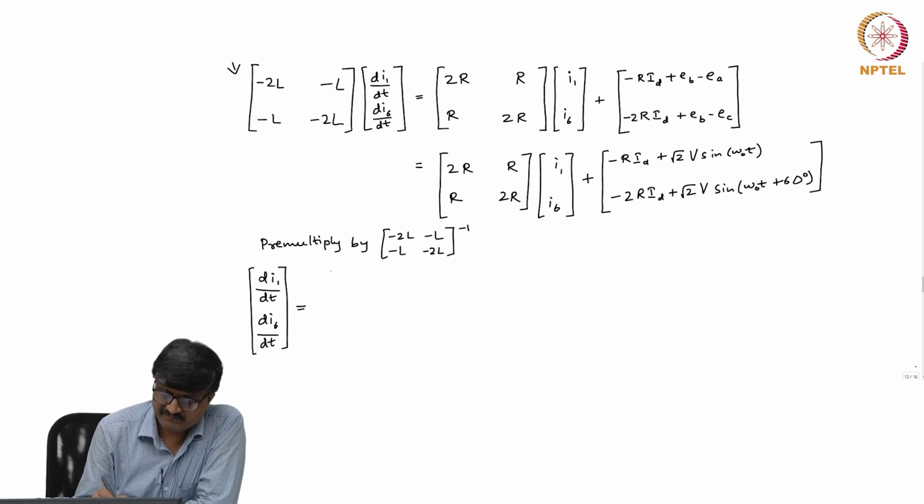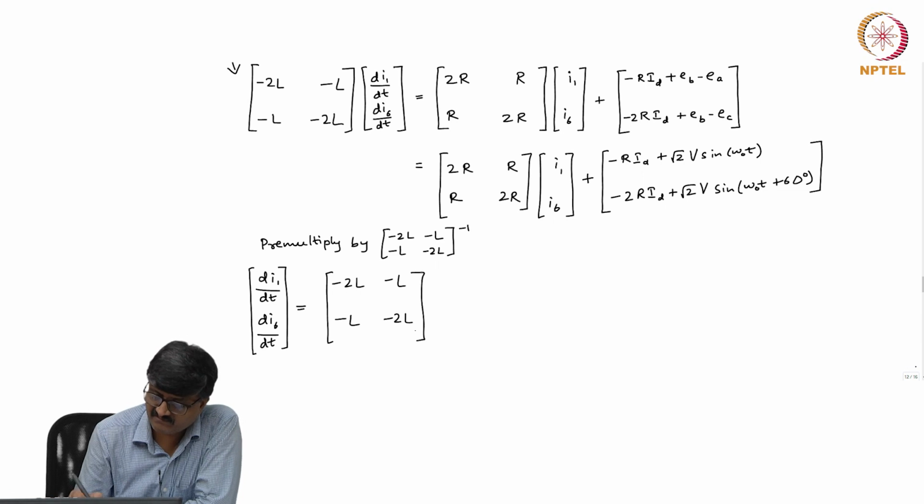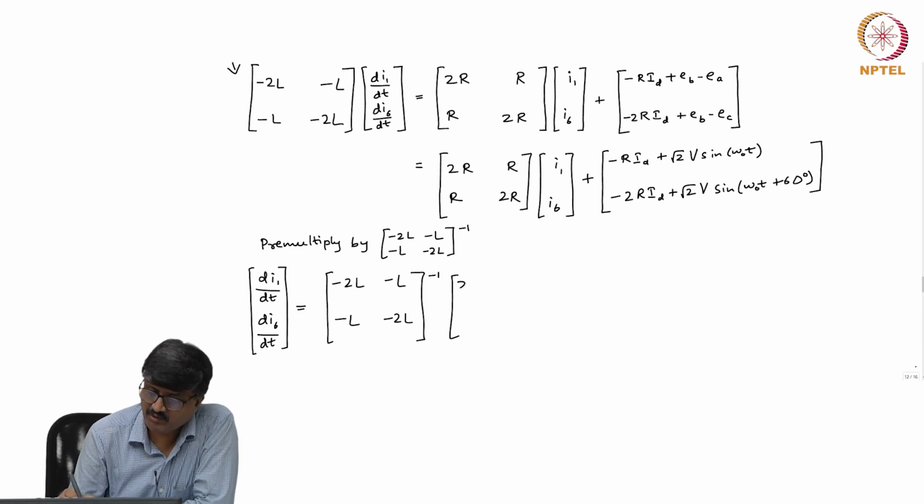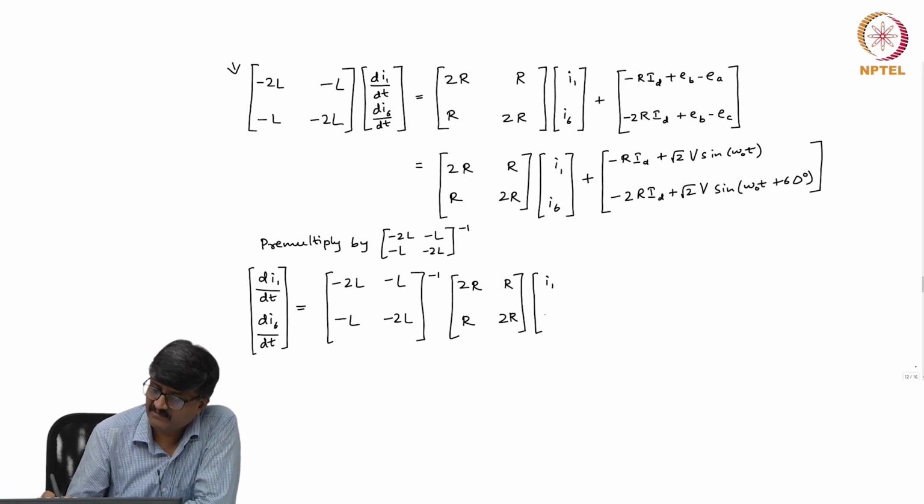This is equal to the inverse of minus 2L, minus L, minus L, minus 2L, times the matrix 2R, R, R, 2R, times I1, I6; that is the first term.